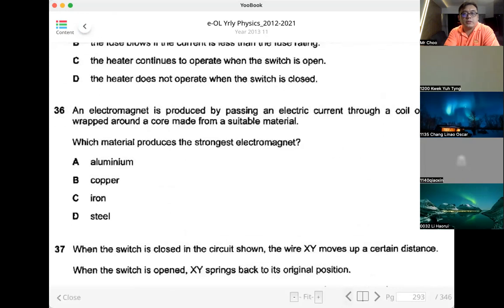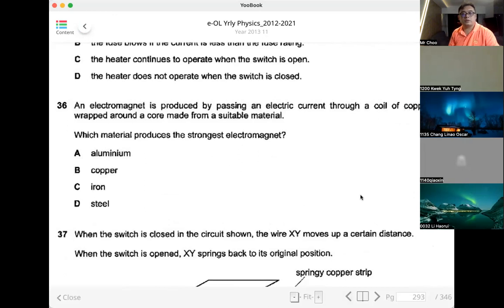Do question number 36. You may begin. Yi-Ting correct. Hao Wei correct. Xiao Xing, Ryan incorrect. Do you know why, Ryan? These two are not magnetic materials, so they will not become a magnet.